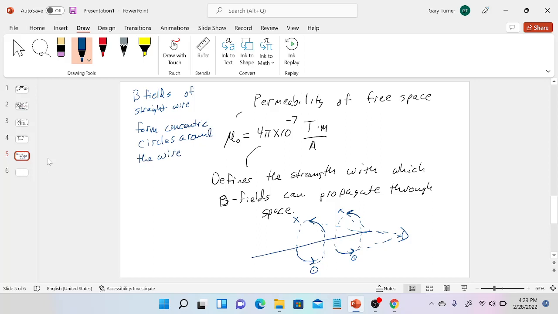If I wanted to measure a closer radius than this, then I would draw another circle, and that circle would have a stronger field than the outer circle. The closer you get to the wire, the stronger it gets. That's the 1/r dependence. And so that is the Biot-Savart law for a single wire.